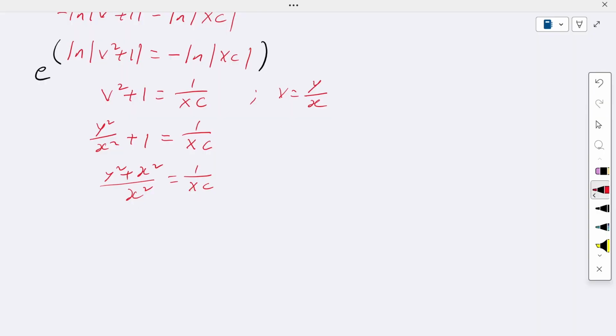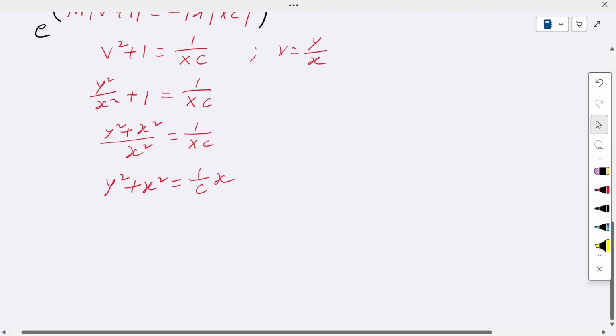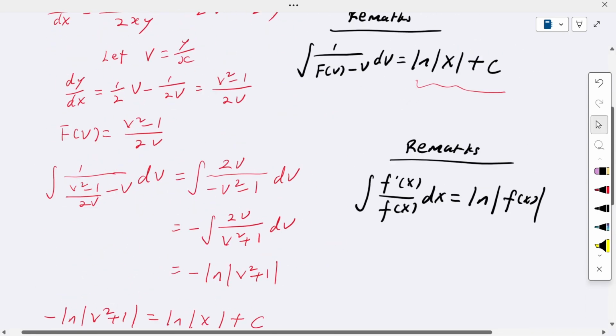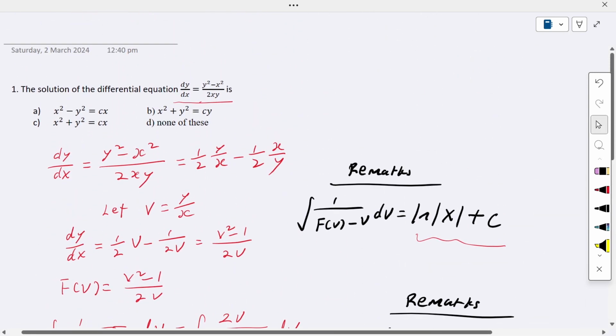We can further simplify this by multiplying both sides by x squared, so we have y squared plus x squared equal to 1 over c times x. This 1 over c can be represented as another constant, c itself. So we have y squared plus x squared equal to cx, which matches answer C.